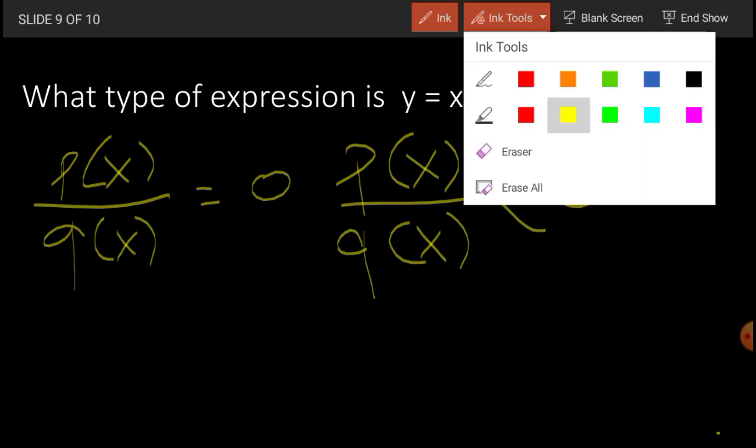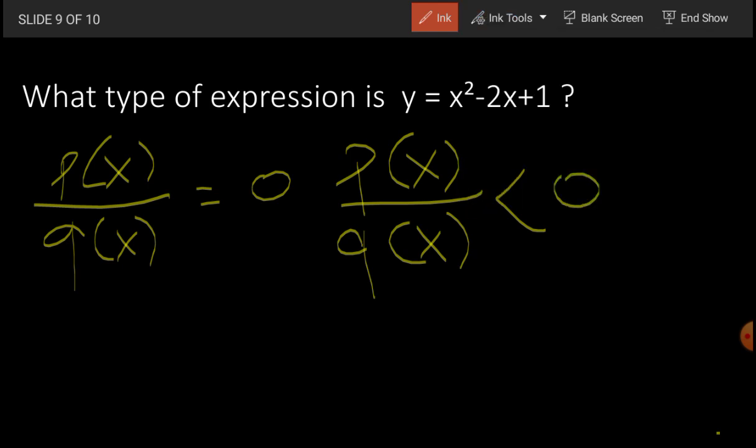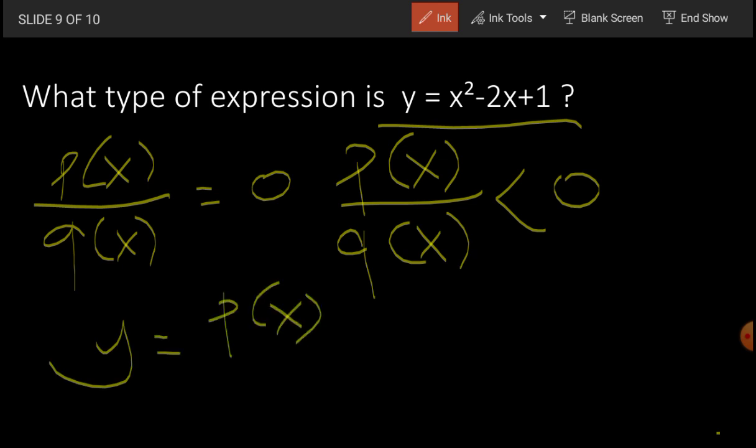Now in this case, y equals x squared minus 2x is an example of a rational function. When we say rational function, y is equal to the numerator, a polynomial, all over the denominator, also a polynomial. So p of x over q of x are the symbols.